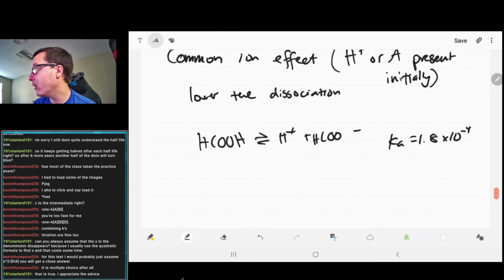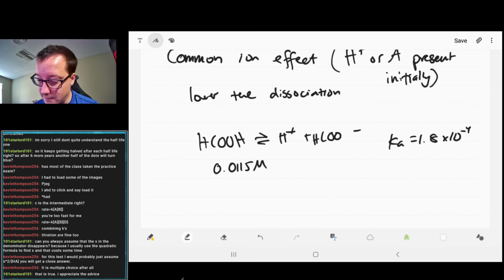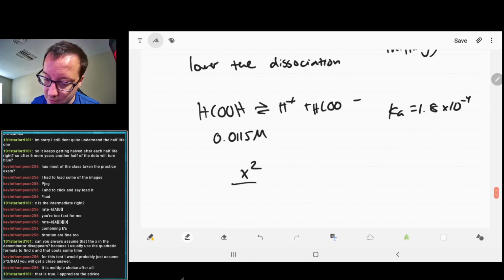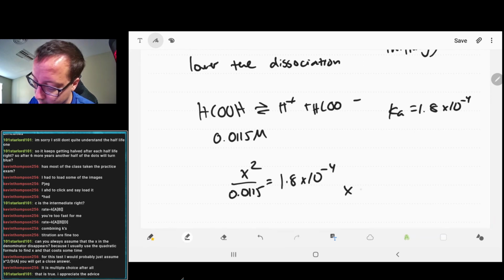So if we have 0.0115 molar... Yeah, honestly, it's going to be close enough. So x squared over 0.0115 equals 1.8 times 10 to the negative 4. Let's just go ahead and try the square root way. If we do it, so 1.8 times 10 to the negative 4 times 0.0115, square root this. We get x equals 0.00143.